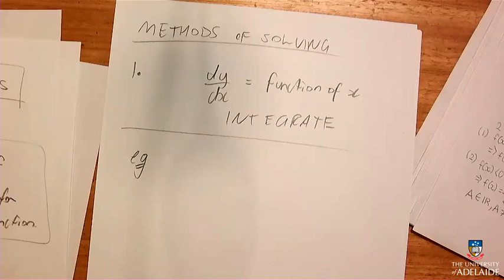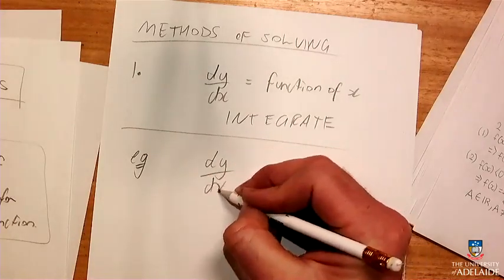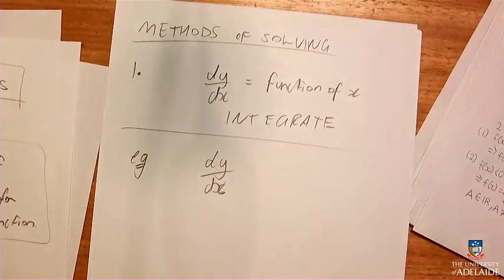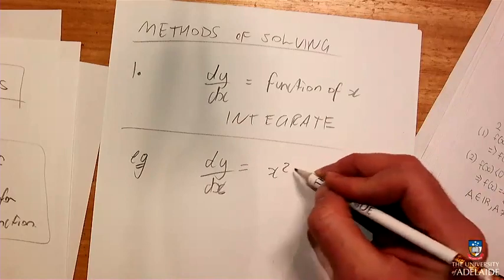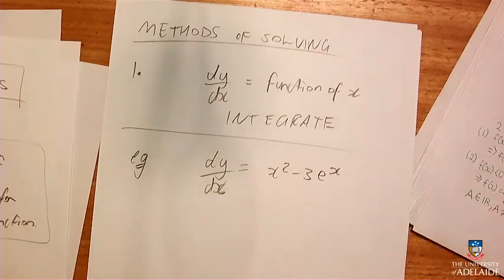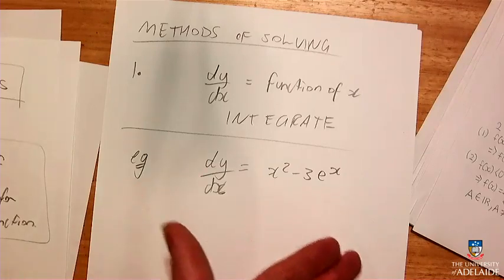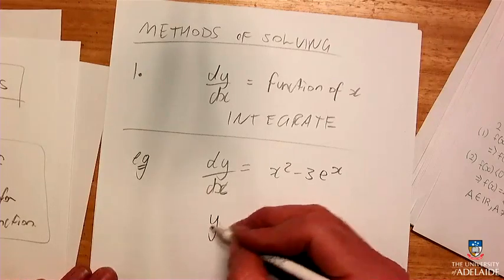So here's an example. Of course, it doesn't have to be y and x. It could be any letters, like that. Well, if the derivative is this, to figure out the original, I'll do the integral. So that means that y must be the integral of this.